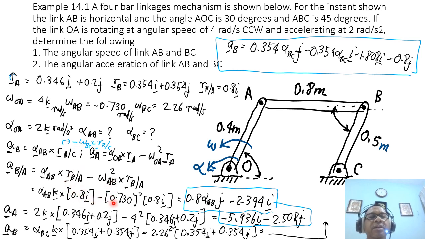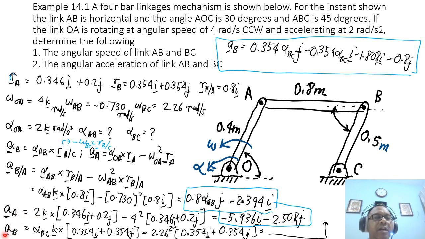Omega AB is known, 0.73 squared, times 0.8i, so you get for this term 0.8 alpha AB j minus 2.394 i. Similarly, for A, 2k is alpha OA, omega squared is 4 squared, and the position vector is 0.346i plus 0.2j, and I have 5.936i minus 0.2508j.